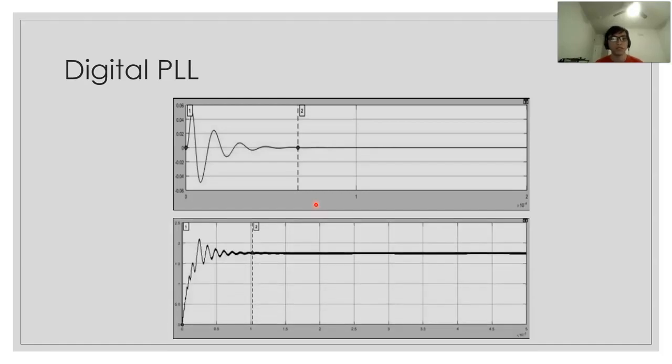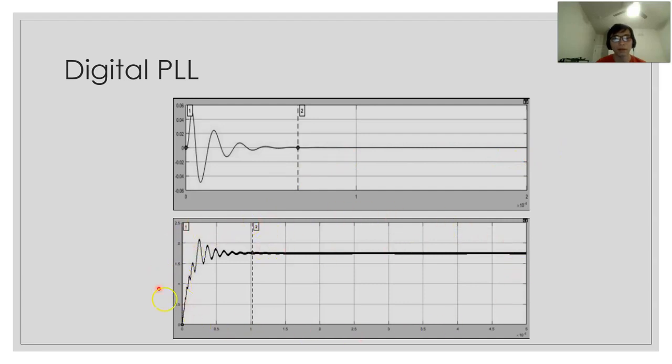To compare the digital phase-lock loop with the analog phase-lock loop, we can see these two graphs of the waveform showing how long it takes the analog phase-lock loop up here to get into the lock stage, where the difference is 0.